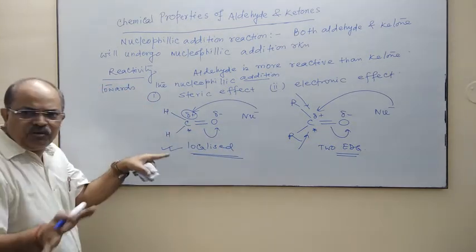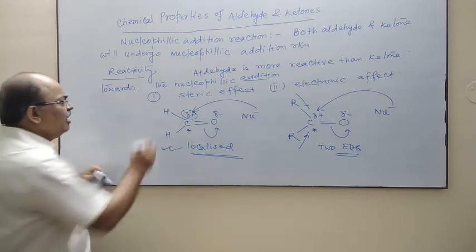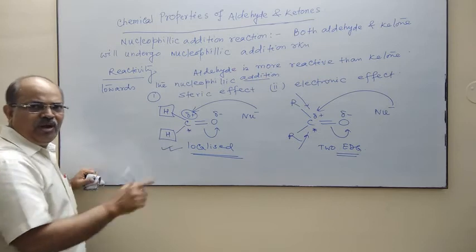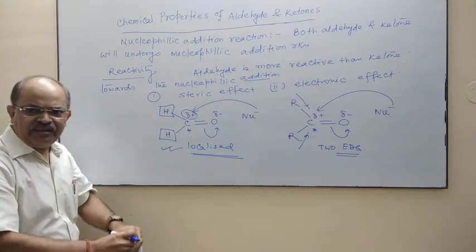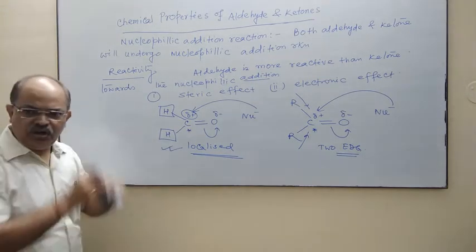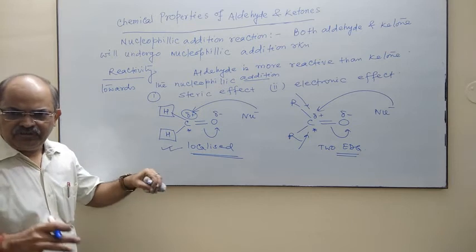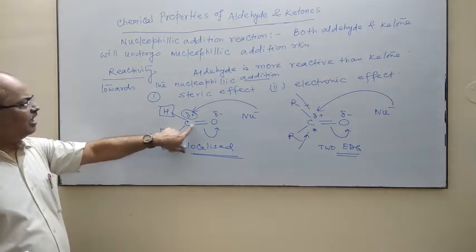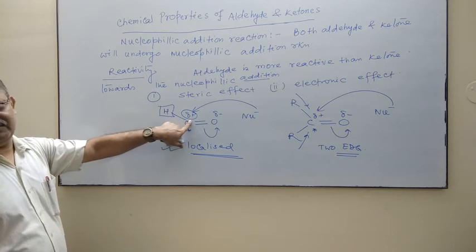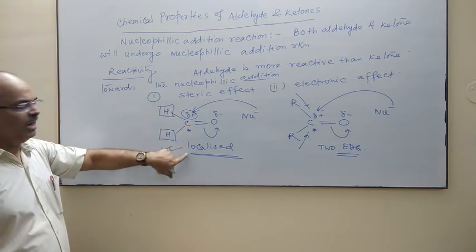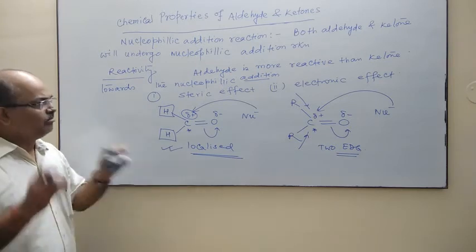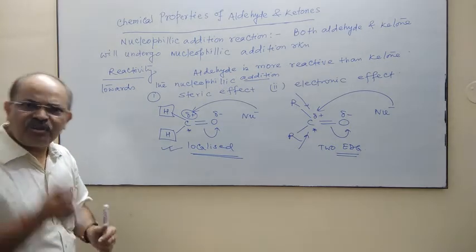It is not delocalized. क्यों delocalized नहीं? Because this group is hydrogen. You know, hydrogen is neither electron donating nor electron releasing. It means it is not going to counterbalance this positive charge. So as the positive charge is localized in formaldehyde, formaldehyde will be the most reactive.